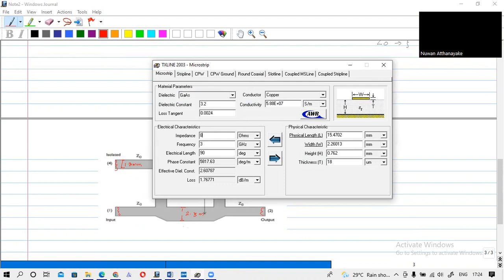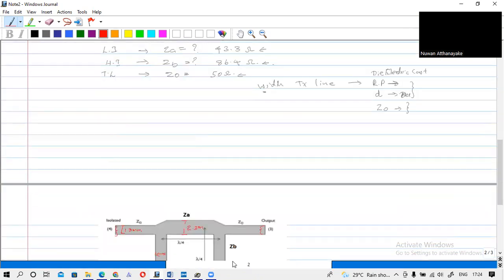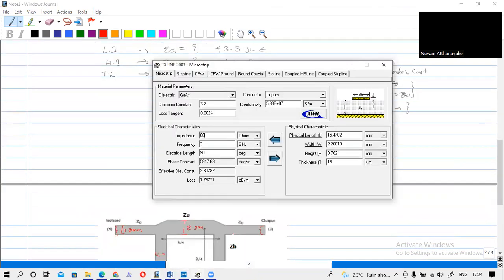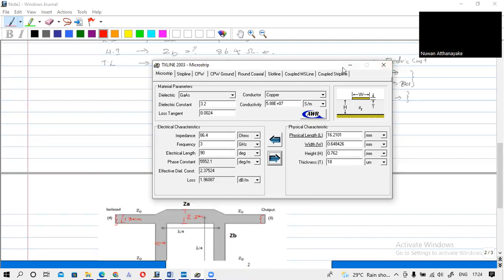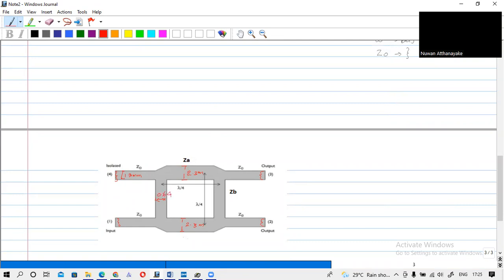What is that? 86.4. So I have calculated, and it is about 0.64 millimeter. So this is 0.64. Now we have calculated the widths.